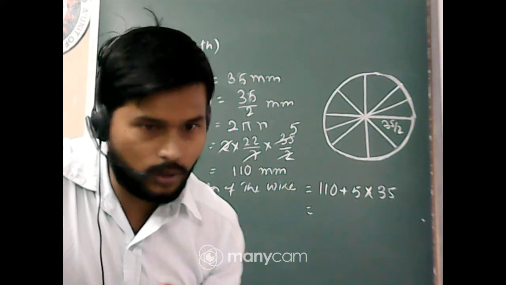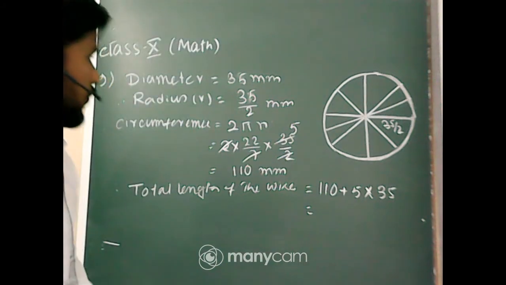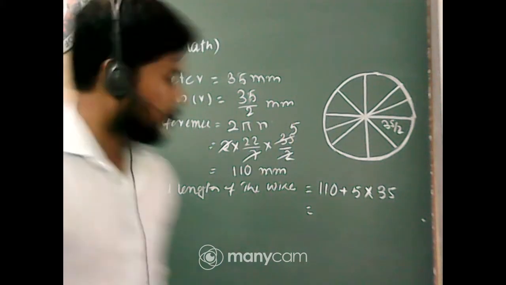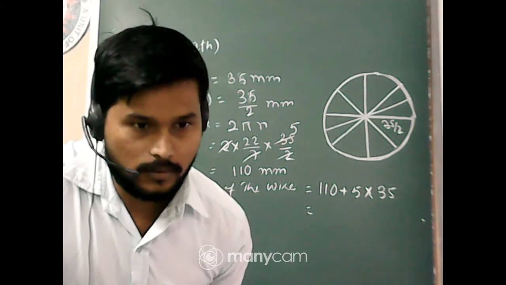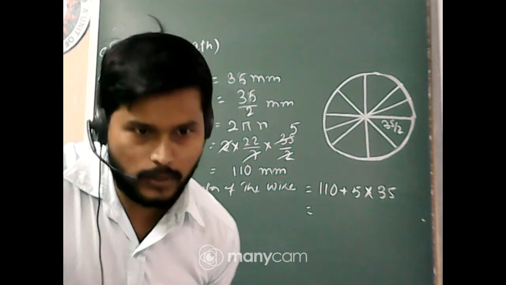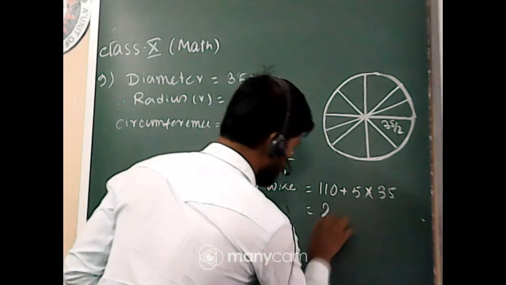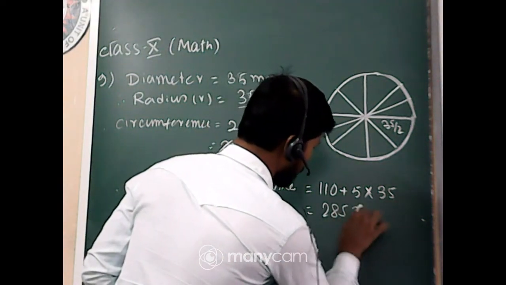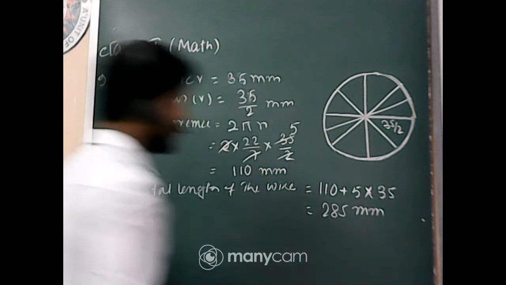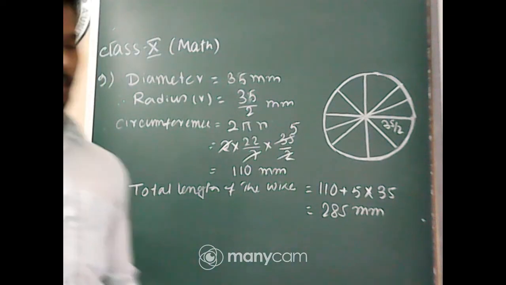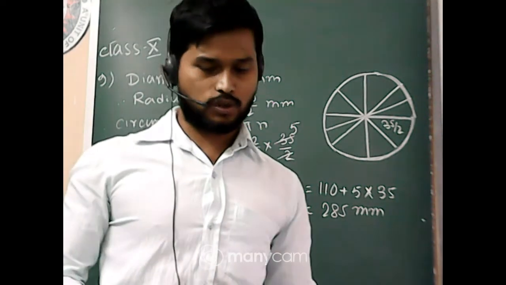Quickly do the multiplication. It will be 285. Correct answer, 285 millimeter. The total wire required to make the brooch is 285 millimeter. This is the answer of the first question.